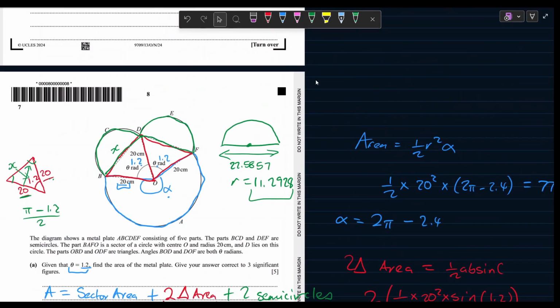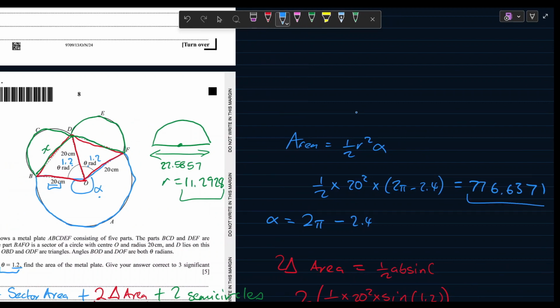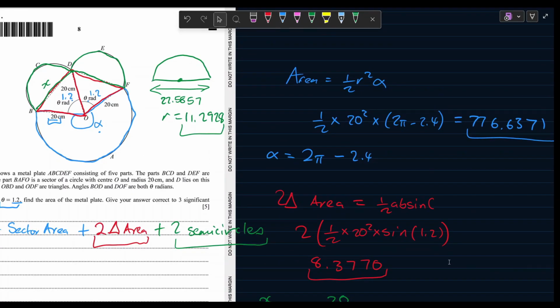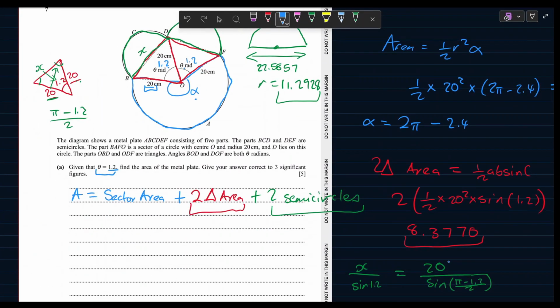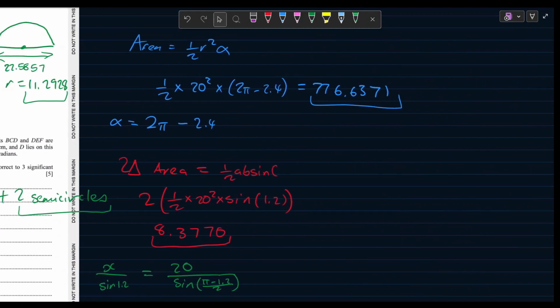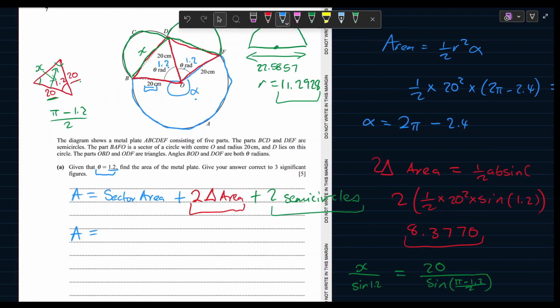And then at the very top, we've got the area of our sector. So if we add all those areas up, we should get the area of the metal plate. So the area is going to be equal to, what's our sector area? 776.6371 plus the area of our two triangles.